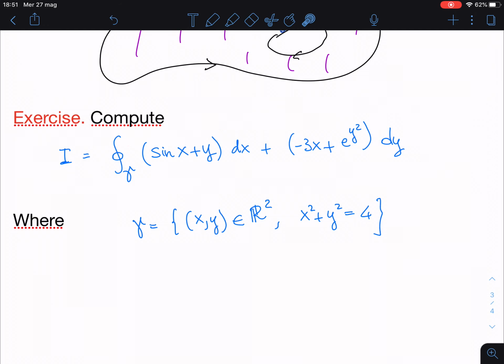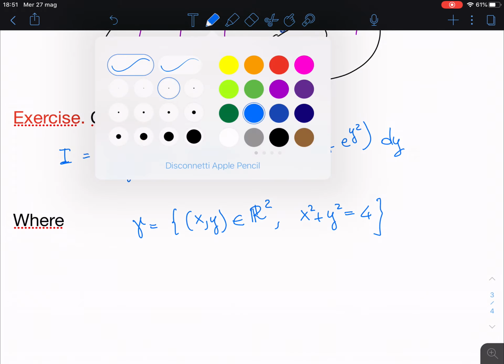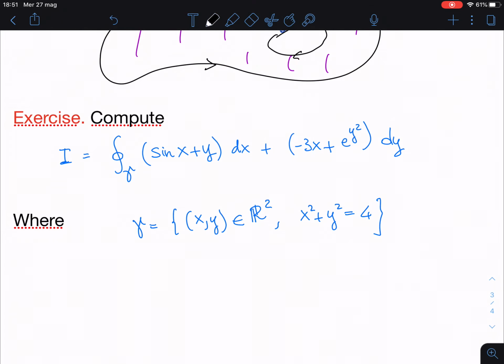Okay, so first of all, when you have this way of writing down, you want to extract a field, and the field is basically written there in a very easy form. So let me write it here.